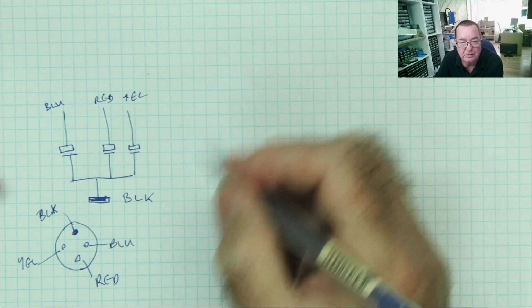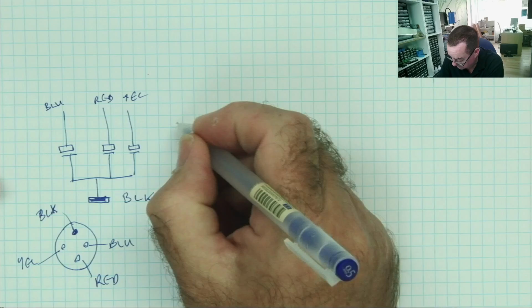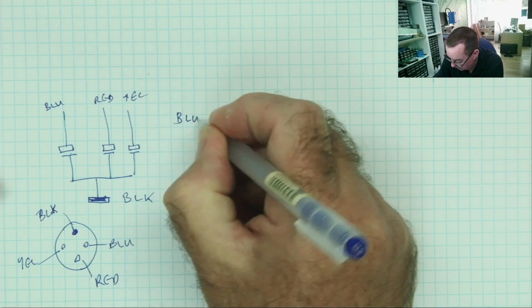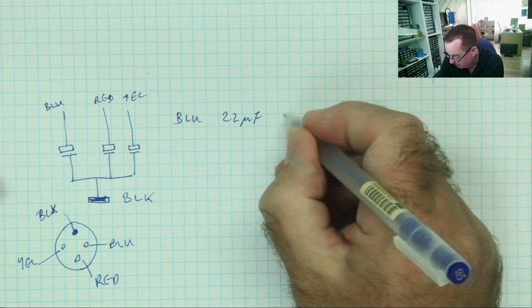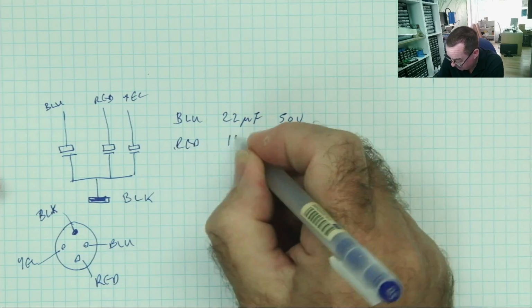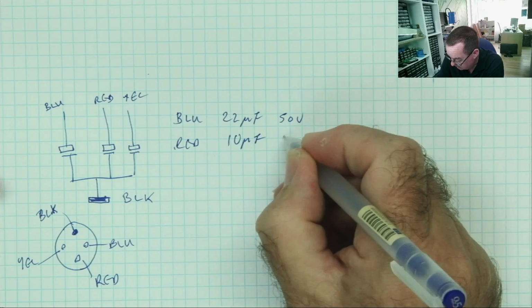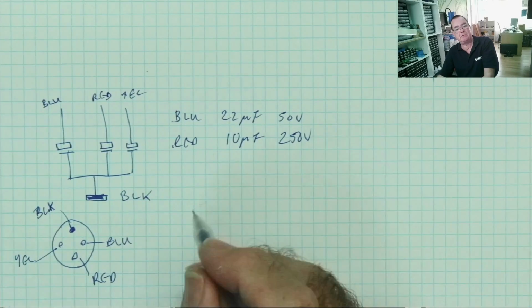And then printed on the side will be the values. So it'll say something like black common, and then it will say blue is, I don't know, it could be anything, 22 microfarads, 50 volts, and red might be 10 microfarads at 250 volts. The voltages on capacitors could be different, and so on.